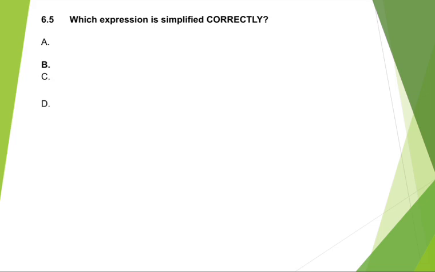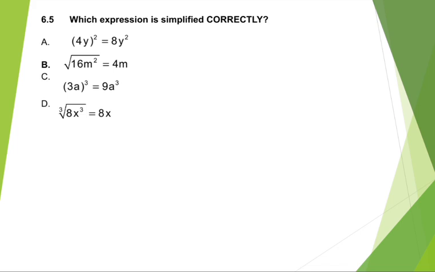We move on. Which expression is simplified correctly? Let's look at those expressions, 4 of them. A, 4y squared is equal to 8y squared. That's wrong, because 4y squared, that's 16y squared. Square root of 16m squared is equal to 4m.